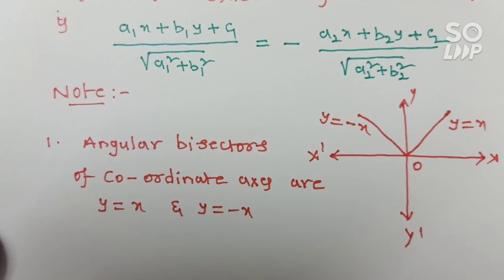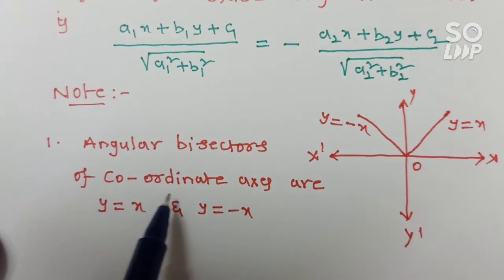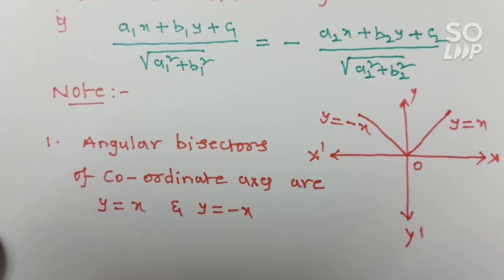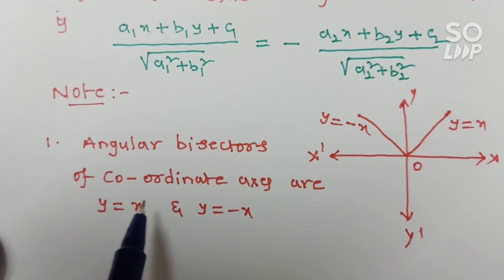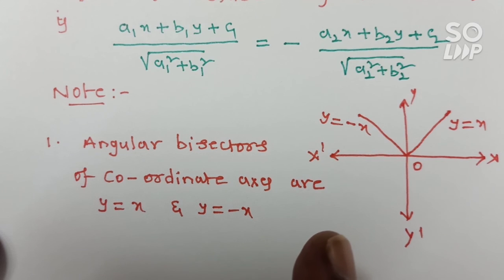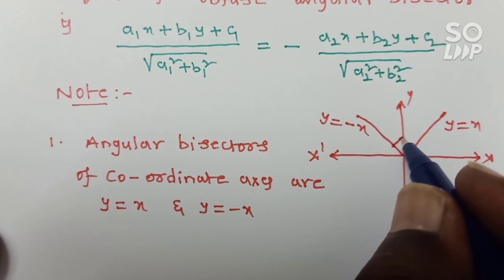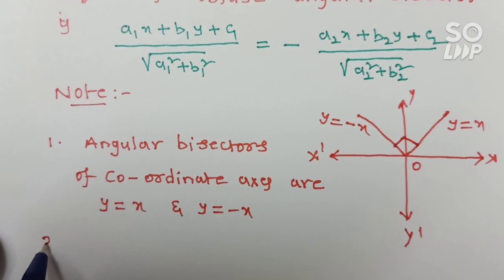That means not only for the angular bisectors of the coordinate axes, even by taking general lines, the angular bisectors must always be perpendicular to each other. Okay, so you can write the second point.